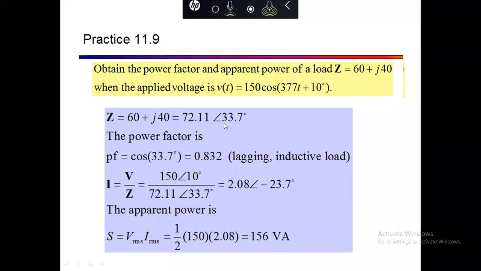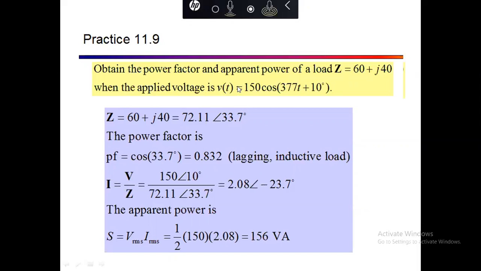We know that the difference between the voltage and current phase is the same as the angle in the load impedance. So that angle is taken from the load as well.